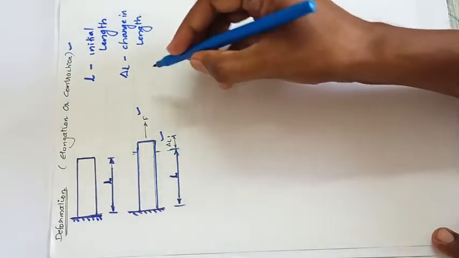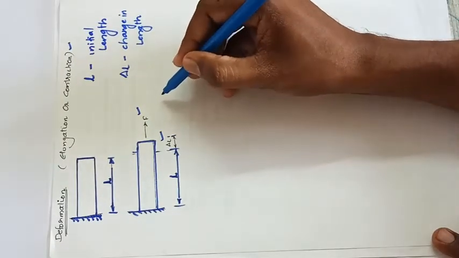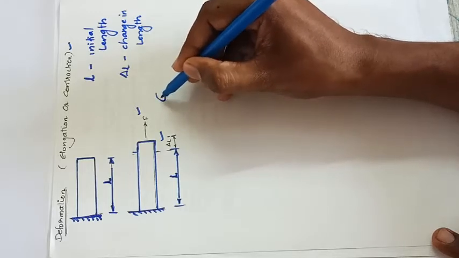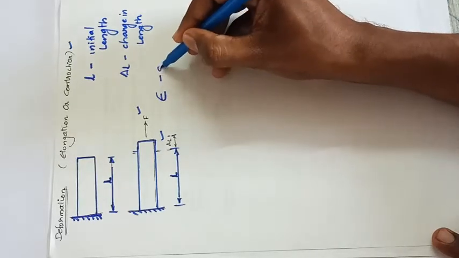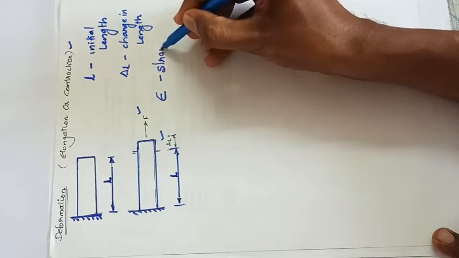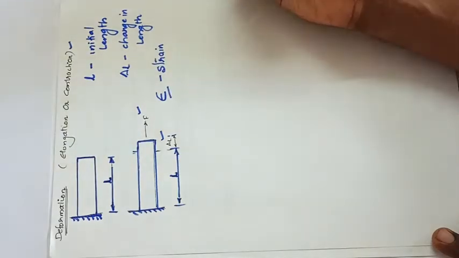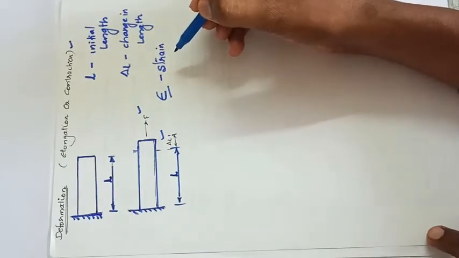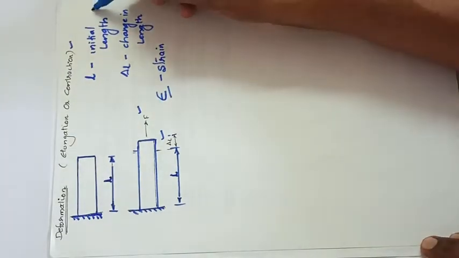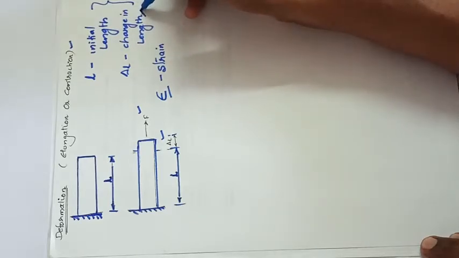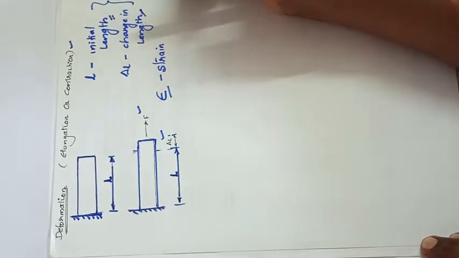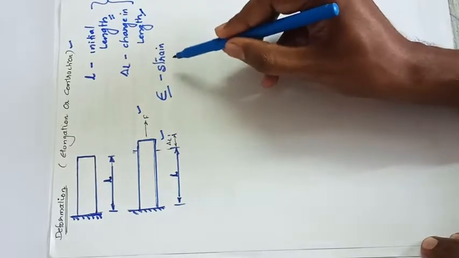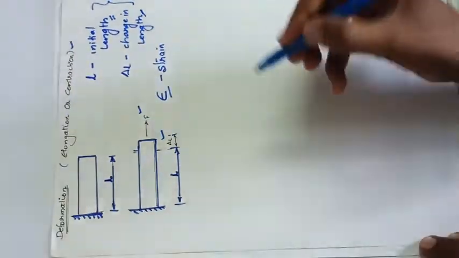The important term that we are going to discuss today is strain. Strain is denoted by the letter epsilon. Strain gives the relation between the change in the length and the initial length. So it gives a relation between these two terms.